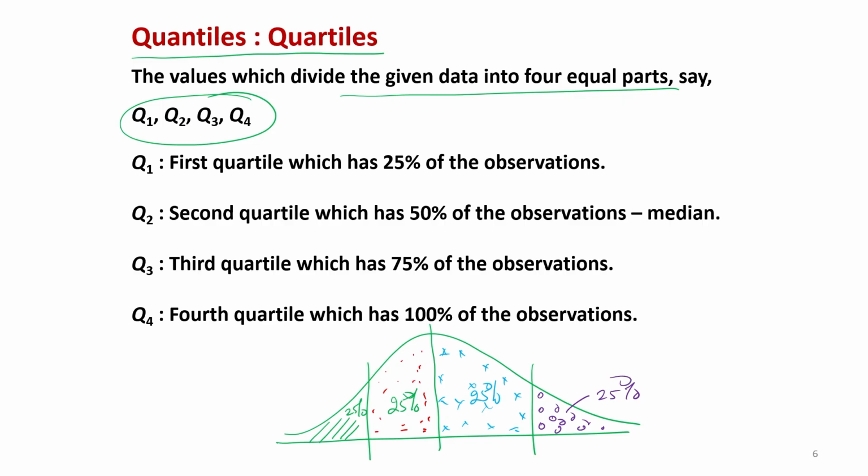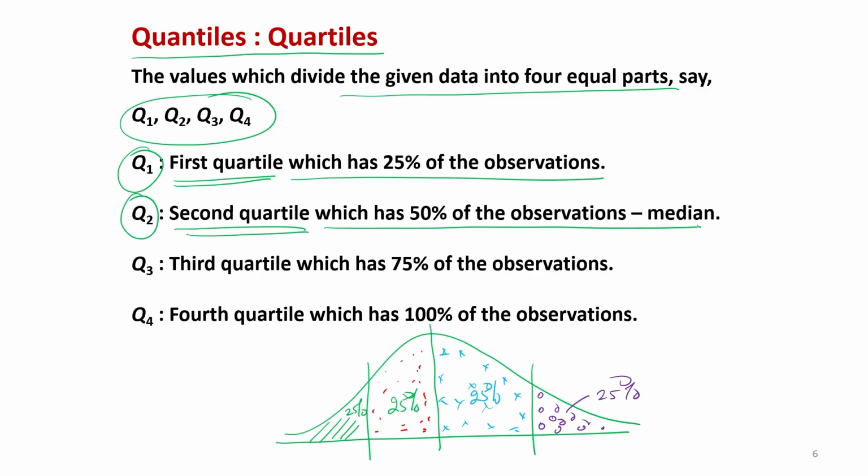So Q1, Q2, Q3, Q4 are the values which divide the entire frequency data into 4 equal parts. Q1 is called the first quartile, which has 25% of the observations. Q2 is called the second quartile, which has 50% of the observations, the median.